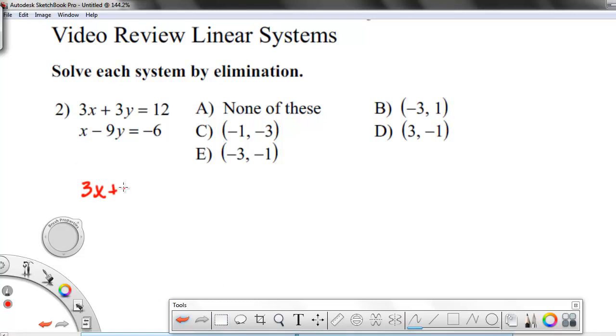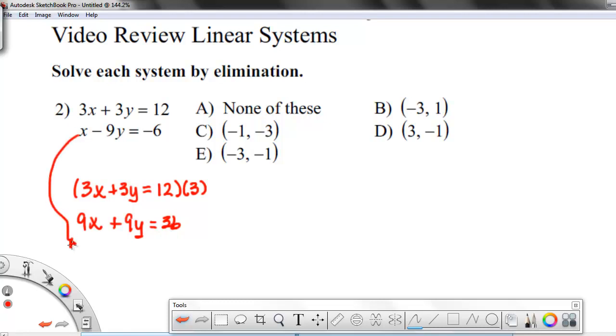We'll take that first equation, and we will multiply it by a positive 3. 3 times 3x will give us 9x. 3 times 3y will give us a 9y. And then 3 times 12 will give us the 36.